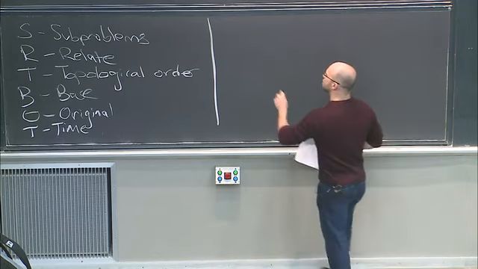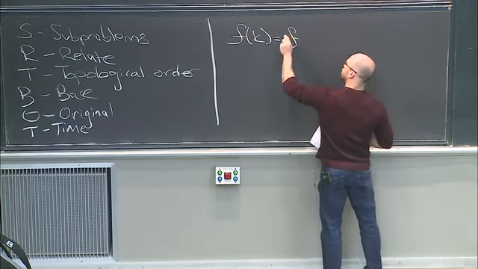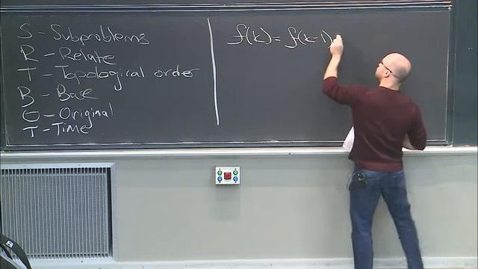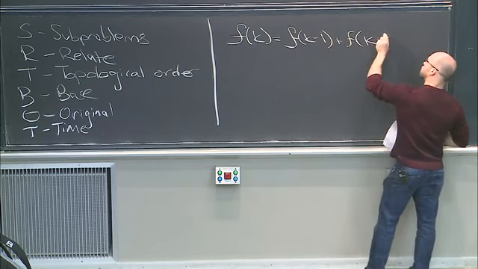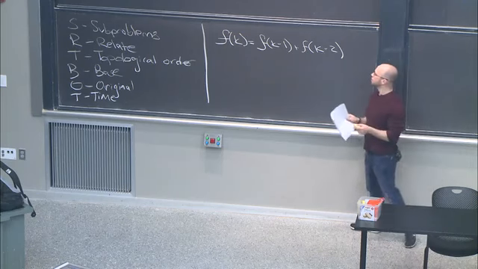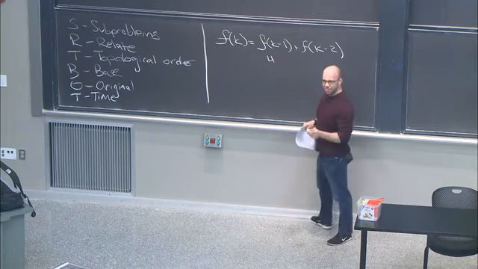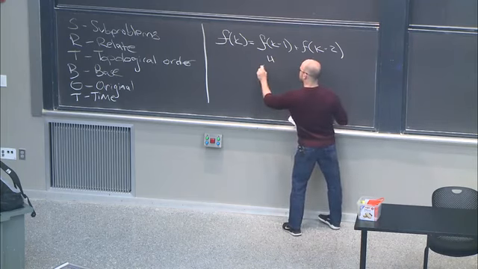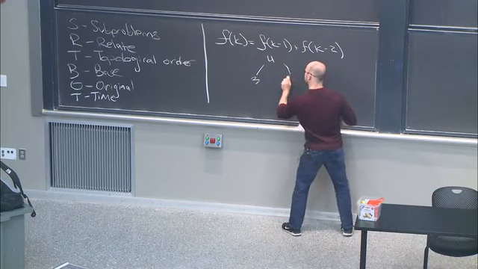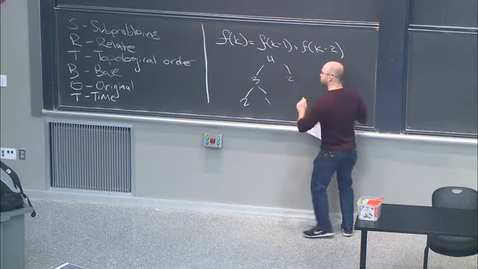But remember that your Fibonacci sequence looks something like f of k equals f of k minus 1 plus f of k minus 2. And if you look at your recursive call tree here, let's say that I do k equals 4, then my function f is going to have to evaluate it at 3 and 2, and then the 3 is going to evaluate it at 2 and 1, and so on.